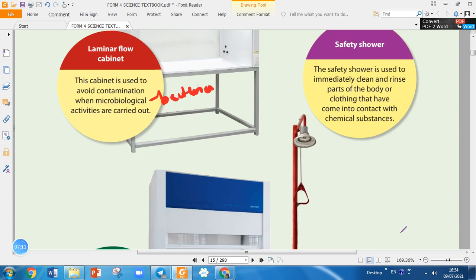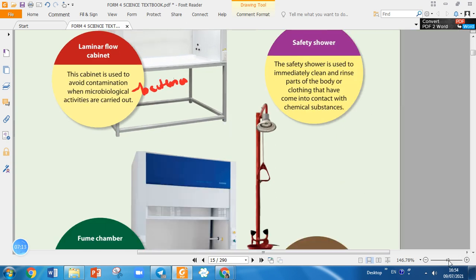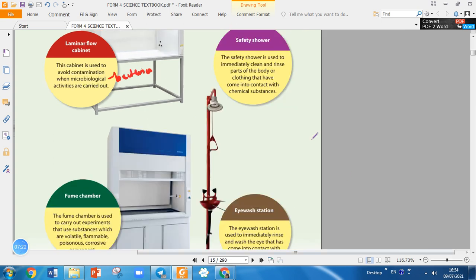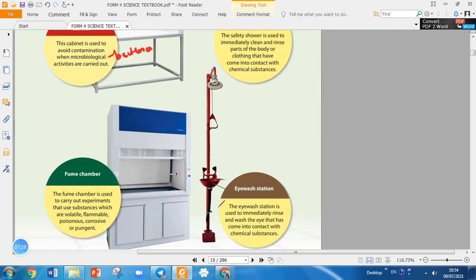The safety shower is used to immediately clean and rinse parts of the body or clothing that have come into contact with chemical substances. Usually it is built in together with the eye wash station. The eye wash station is used to immediately rinse and wash the eye that has come into contact with a chemical substance. Eye wash means wash your eyes if the chemical substance spills.